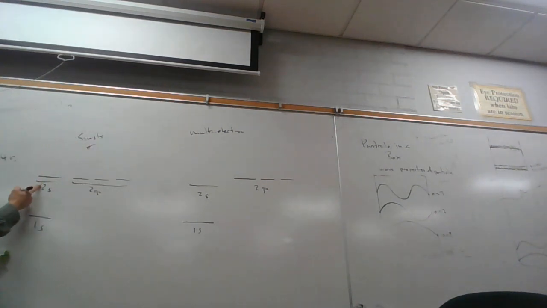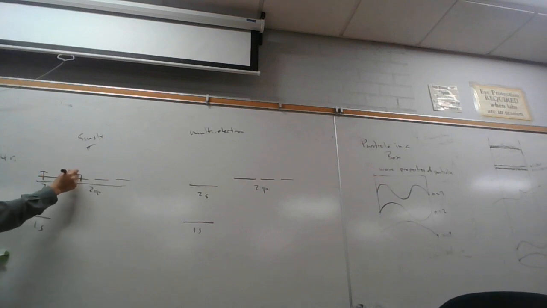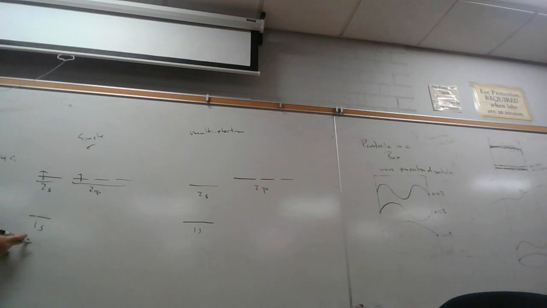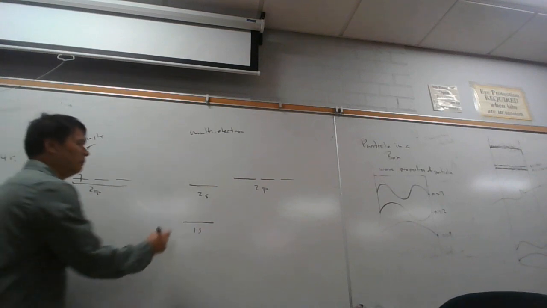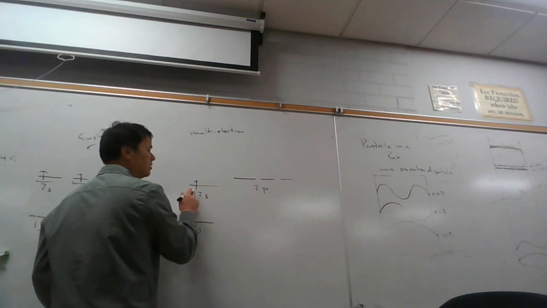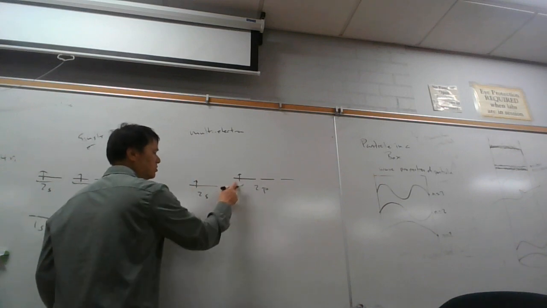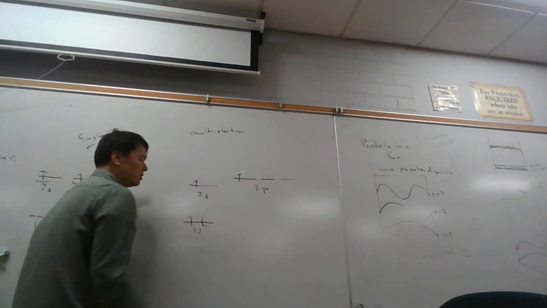So if I had an electron in the 2s, how do we show electrons in orbital energy level diagrams? Those arrows. If I had an electron in the 2s, there's no electron in the 1s. So it doesn't matter if this electron goes in the 2s or the electron goes into the 2p. They're both going to have the same effective distance from the nucleus, and therefore the same energy. Over here, it makes a difference, if an electron goes in the 2s versus the 2p, when there are 2 electrons in the 1s.